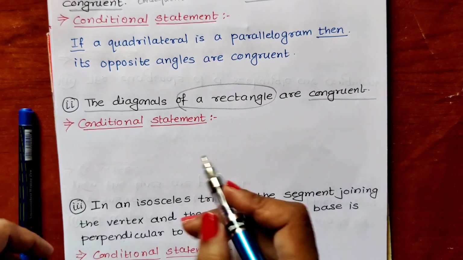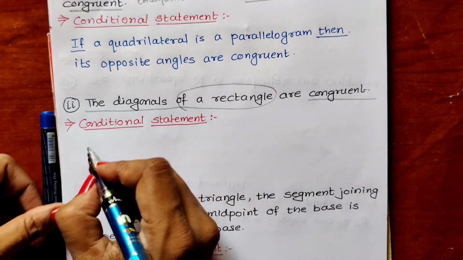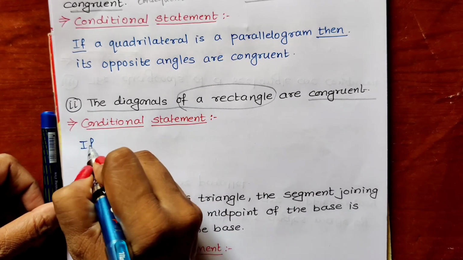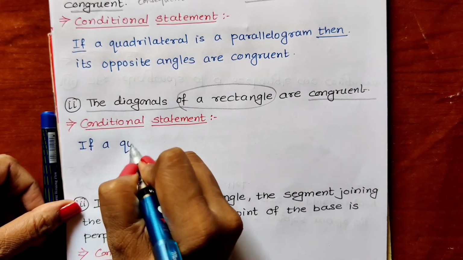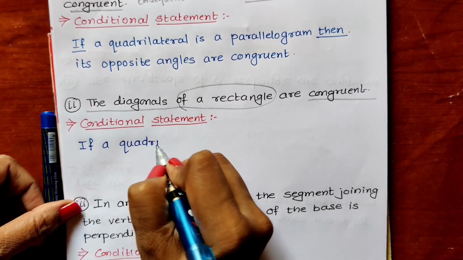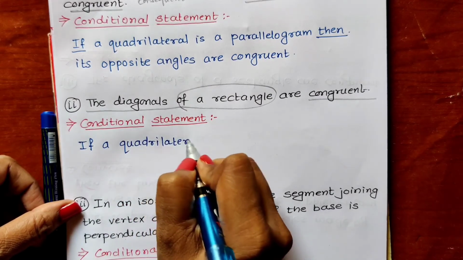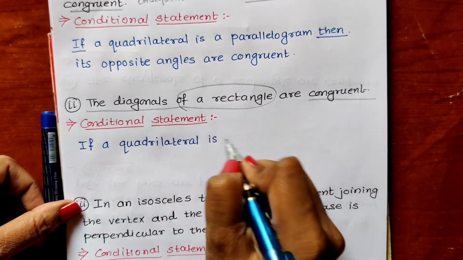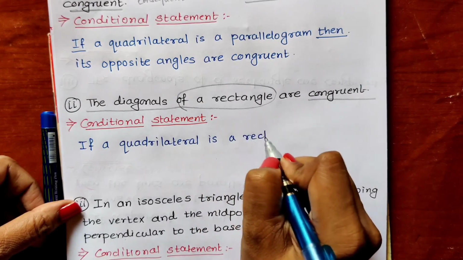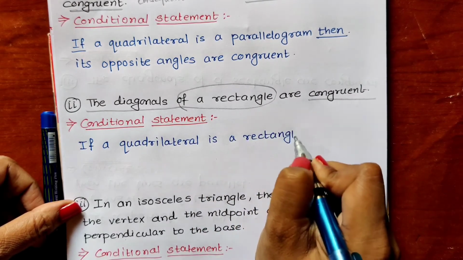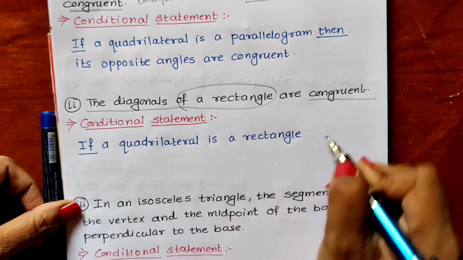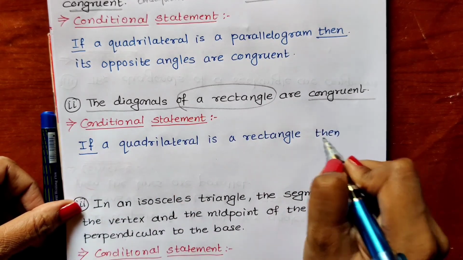So again we will be writing the conditional statement like, if a quadrilateral is a rectangle, then what can happen?